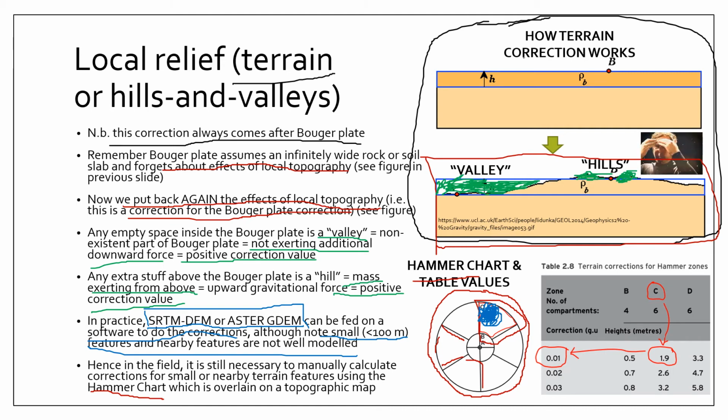So let's say the average height of the relief in that compartment is positive 1.9 meters, and it is lying on compartment C. So all you have to do is project that to this table, and you will get a correction value which is 0.01 gravity units. All right. So since it's a hill, you have to add that value to your gravity reading.